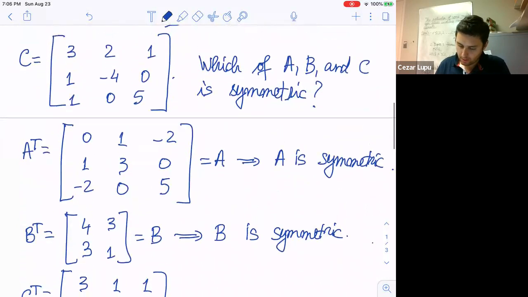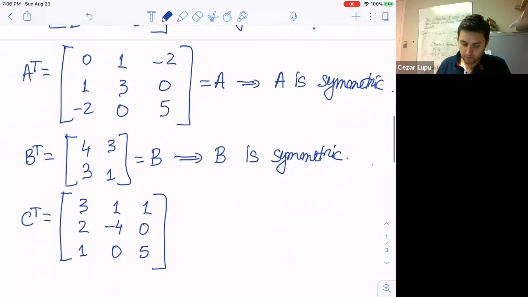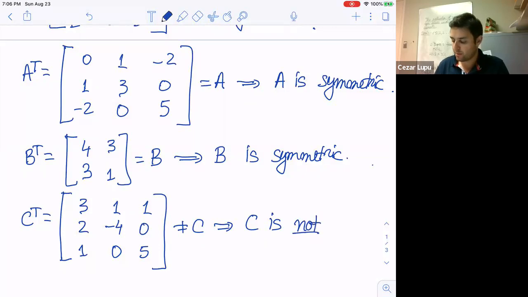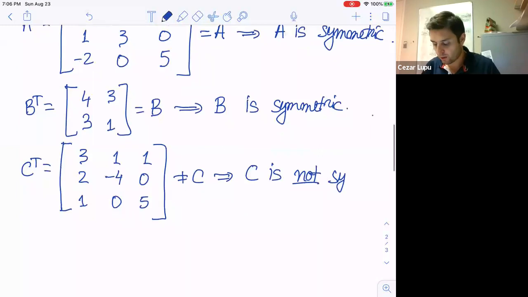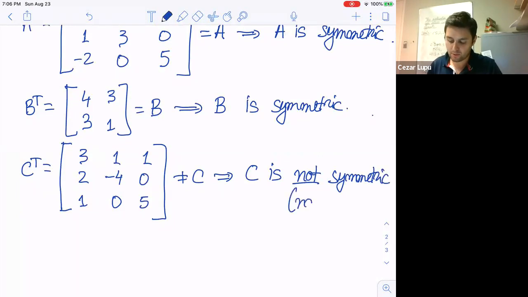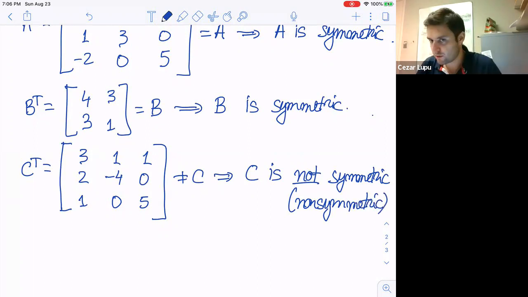Yes, as you can see, it's not equal to C. So C is not symmetric. Sometimes we call matrices that are not symmetric non-symmetric. Either of these two notions works just fine.